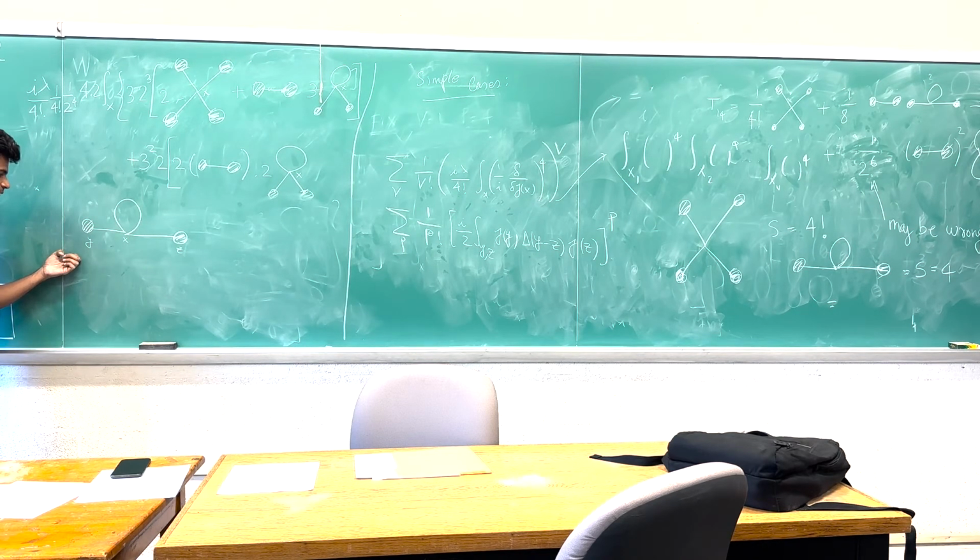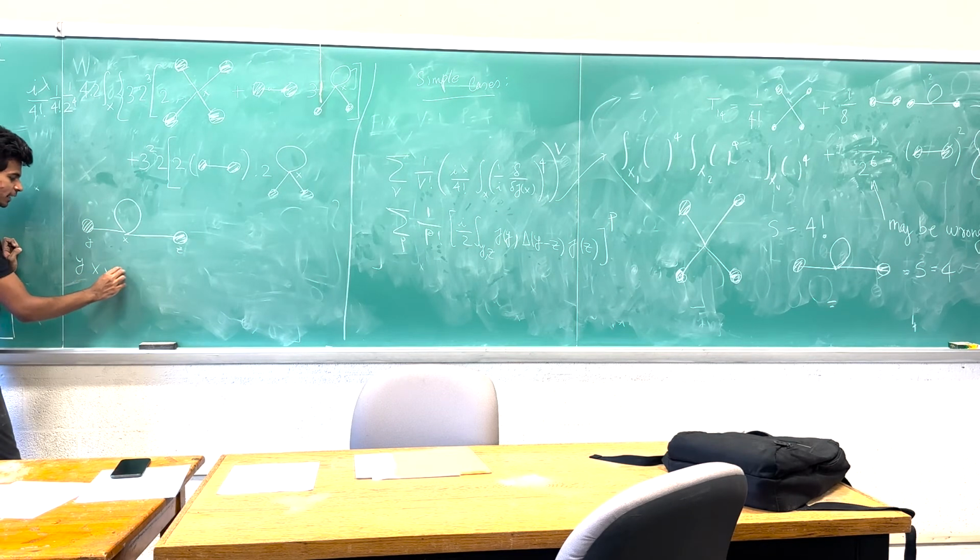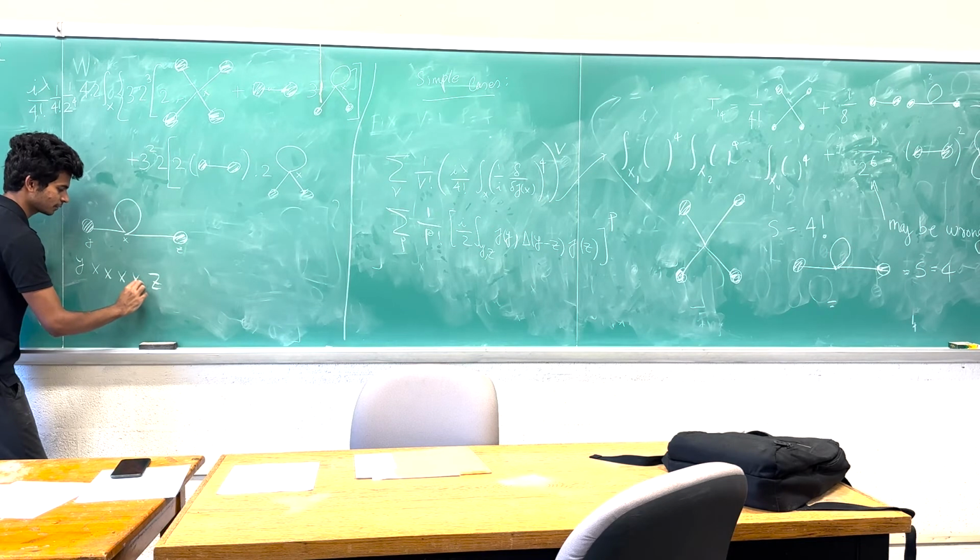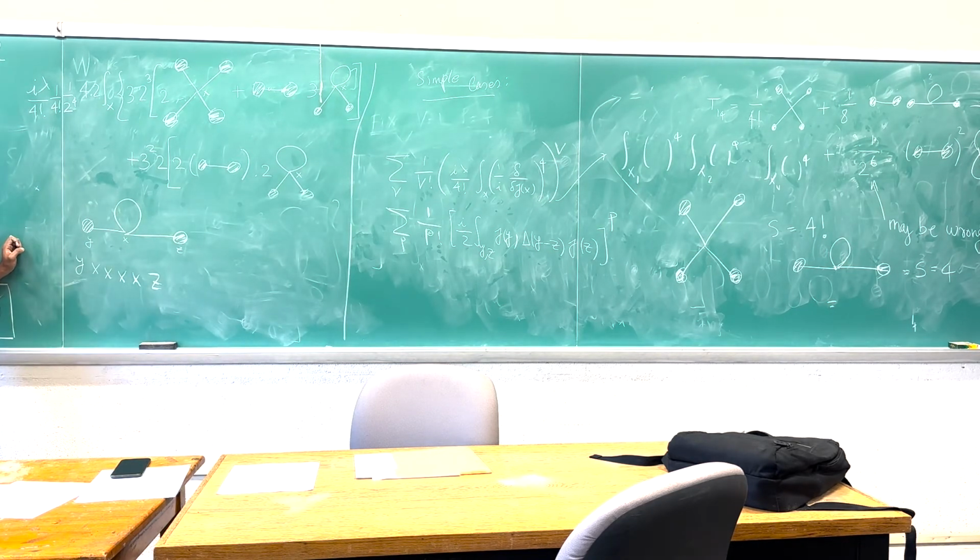So I have a propagator from Y to X, then X to X, then X to Z, right? How many ways can I connect Y to the X? 4 ways, right?